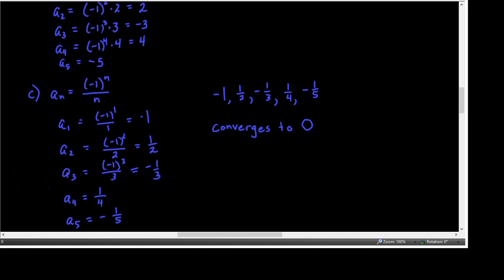One way to see that is to graph the sequence. This will be the n-axis. This will be the a sub n axis. Since the only n's we can use are 1, 2, 3, 4, 5, etc., I'm going to put those numbers down here. You don't have to number every one of these.